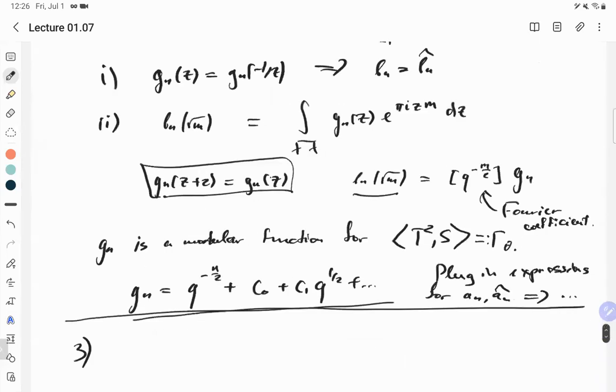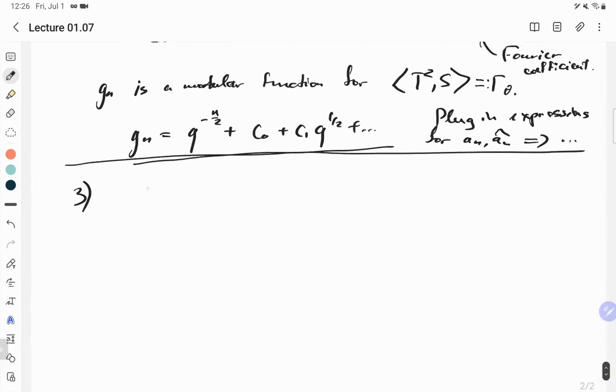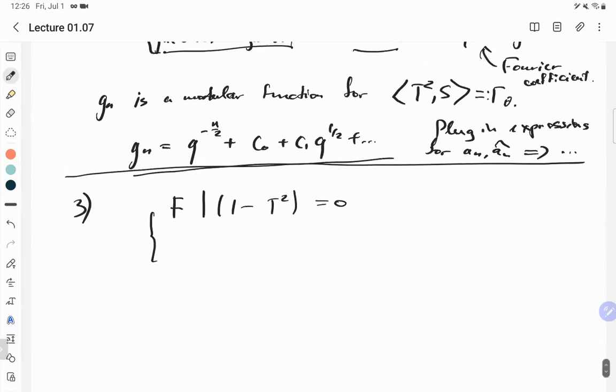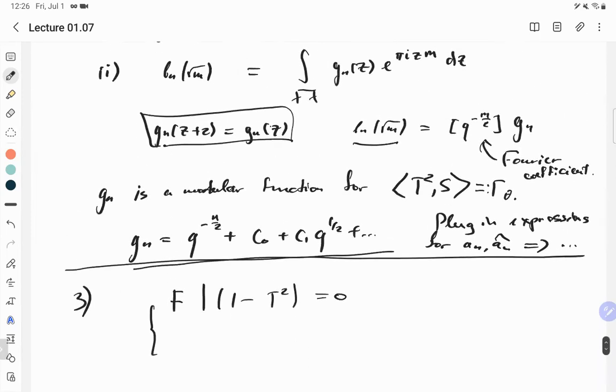So let me come back to the modular integral formulation. So we want a function which is 2 periodic, so 1 minus t squared is 0. And so instead of having these two functions, let me just do the same symmetrization business with the Fourier transform.